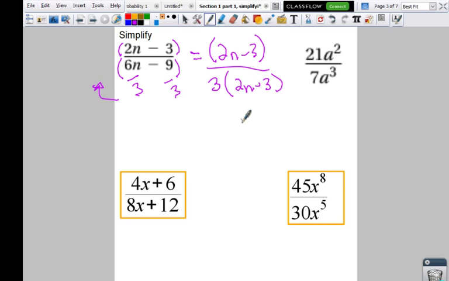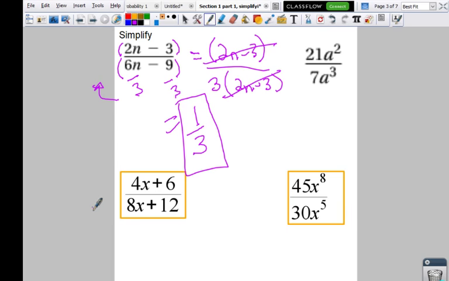After I factor it out, I have a 2n minus 3 on top, 2n minus 3 in the bottom, and they cancel out. And I am just left with 3. So all I gotta do is simplify, cross that out. Pretty much, sometimes, because maybe you end up taking something out of the top also.